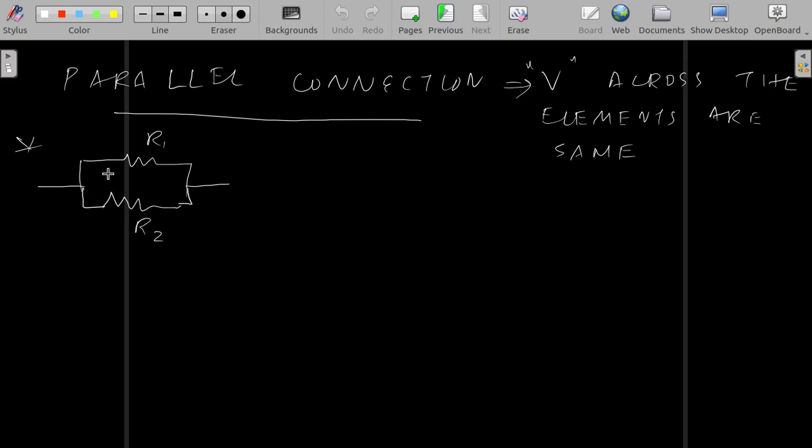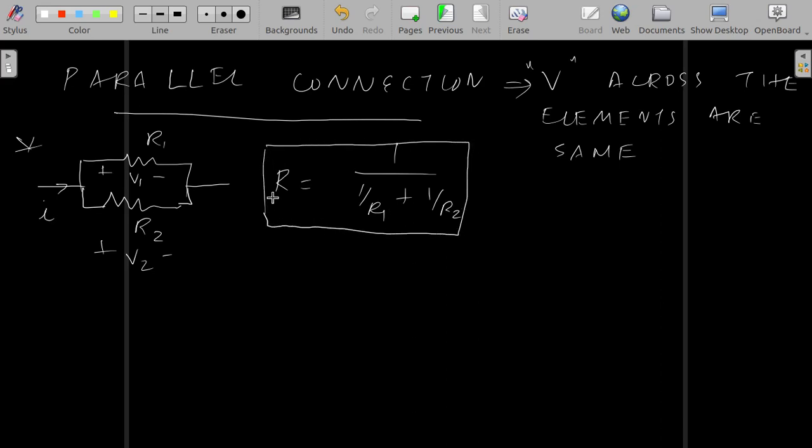So the voltage across R1, which is V1, and the voltage across R2, which is V2, will be the same, and assume some current is passing through. And the net resistance R will be, what will R be? R will be 1 by R1 plus 1 by R2.